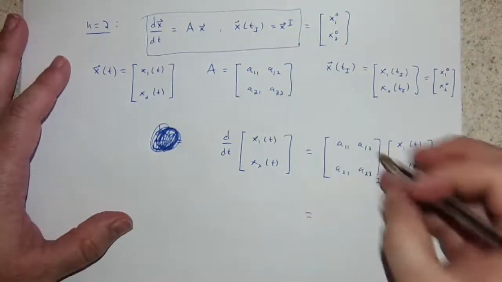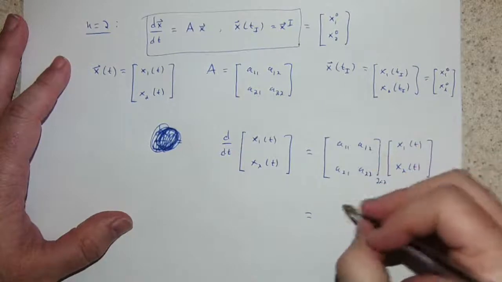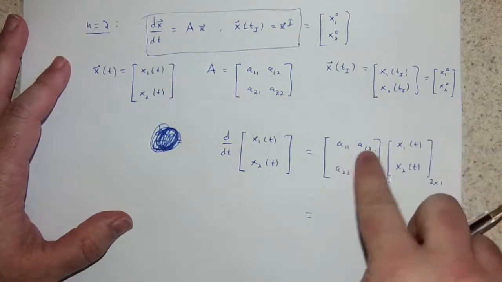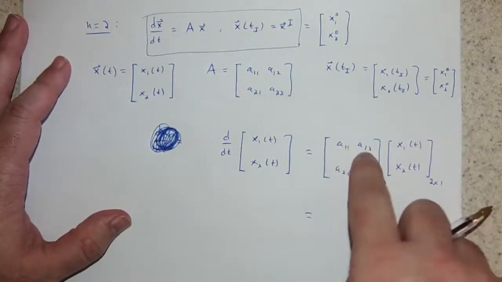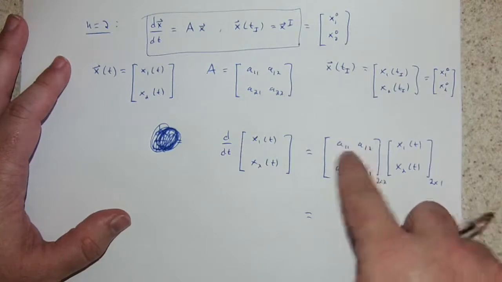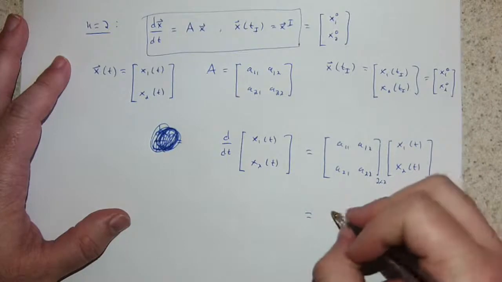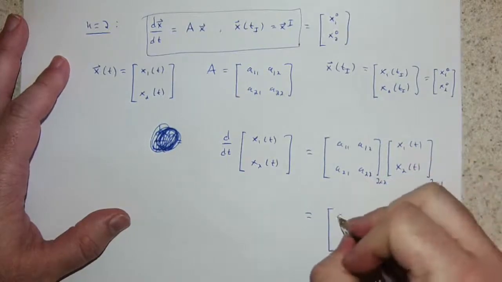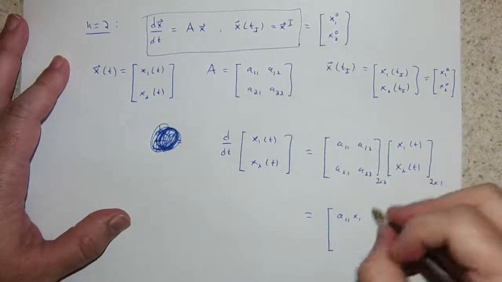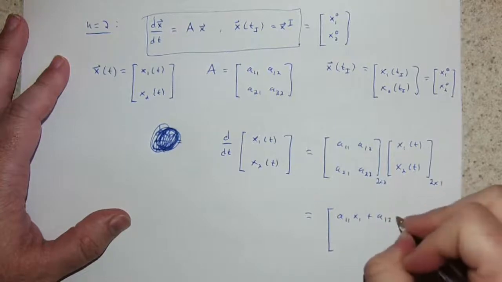So what is this? I only have two entries, the top and bottom here. The first entry would be, I take A11, A12, that first row, and I transpose it and dot it with this column here. So this would be the vector that is A11 X1 plus A12 X2.